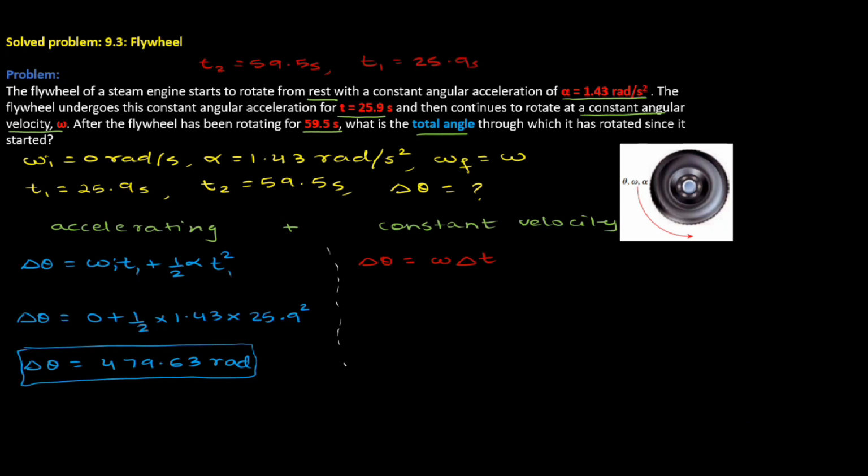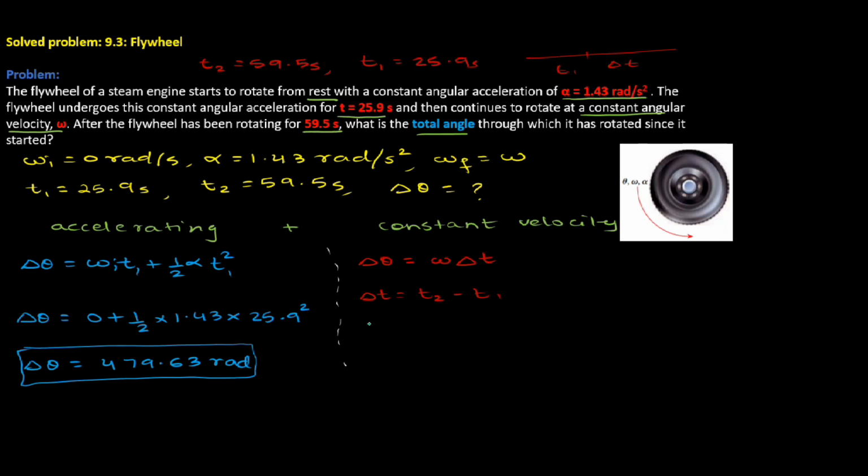So what is the time at which the object is moving with constant velocity? T1 is the time interval in which it was accelerating, and the rest of it is the time interval in which the object was moving with constant velocity. So I can find my delta t by taking a difference of t2 minus t1. What about omega? The question has not given me the final velocity omega.